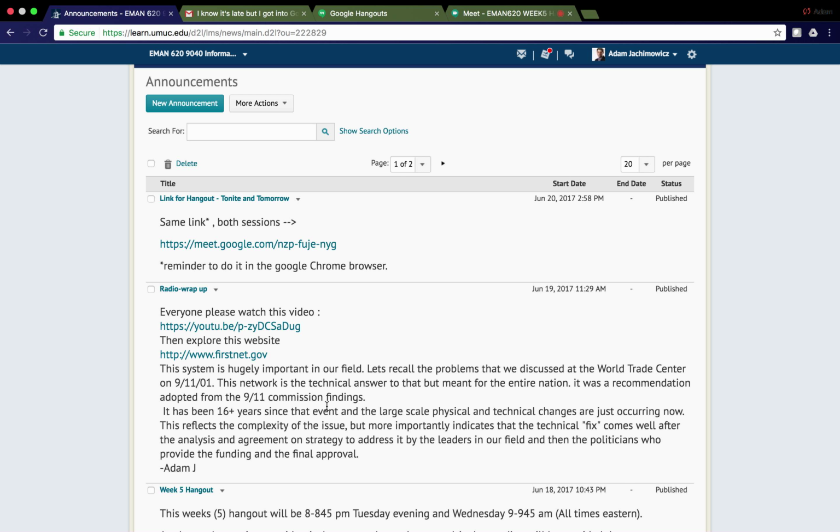But looking at how mesh networking is going to impact the field of emergency management is going to be hugely significant in the next couple of years, because mesh networking is basically an ability to communicate when everything else fails. We can still do that. So that's one.